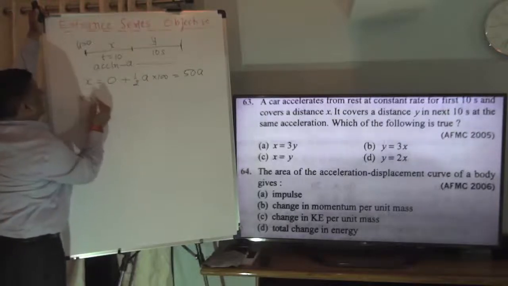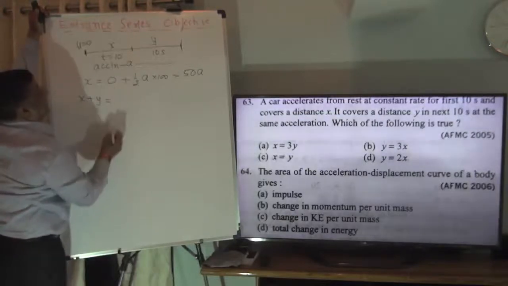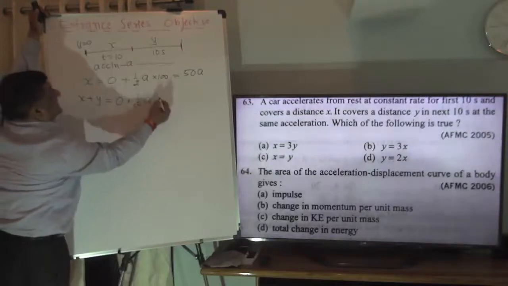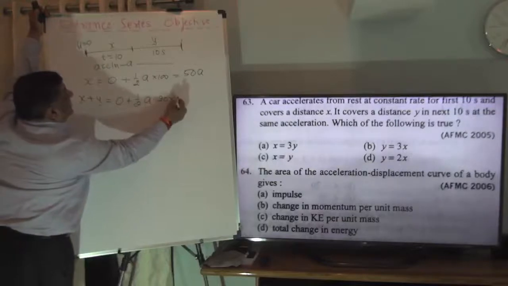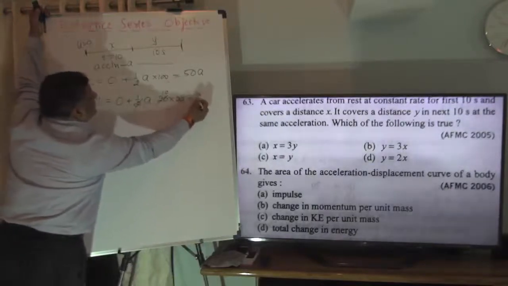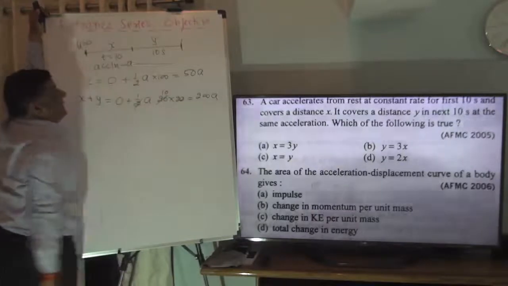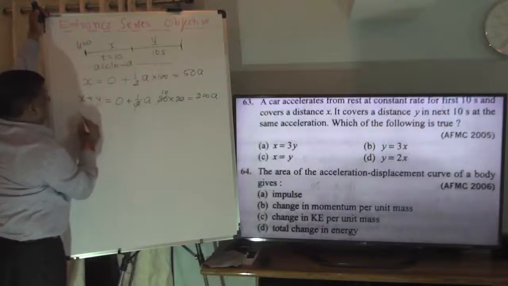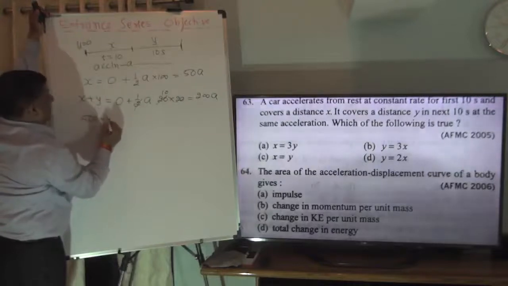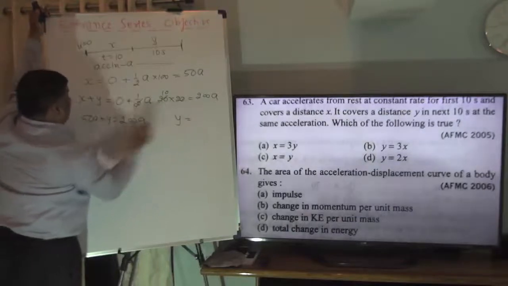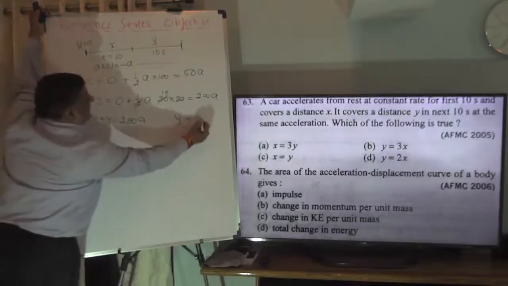So x plus y is equal to ut plus half a t square, half a times 20 into 20, which is 200a. So x was equal to 50a. 50a plus y is equal to 200a. Therefore y is equal to 150a.